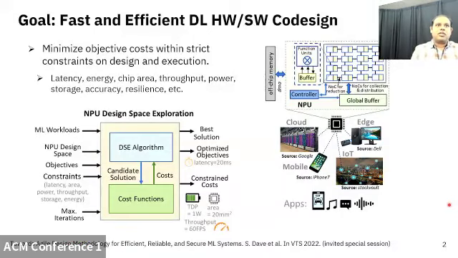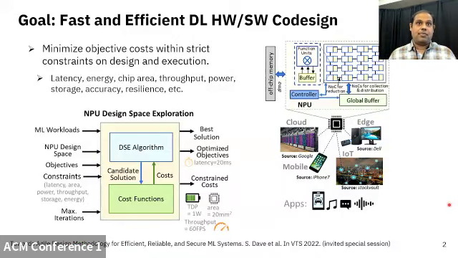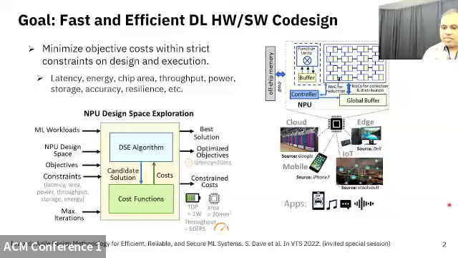Design space exploration is an important step in achieving efficient architecture designs, which is important for a smooth user experience, and it needs to meet several execution constraints so that there could be a smooth user experience and low cost designs. Particularly for machine learning workloads, this design space exploration is challenging because the search space is very vast.